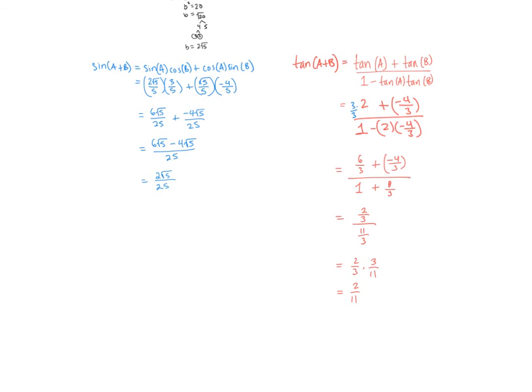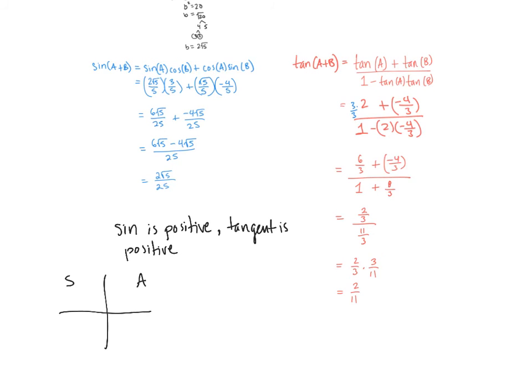So in order to find the terminal quadrant for A plus B, we can see that the sine is positive, and then we can also see that the tangent is positive. Remember, last time in class, we said all students take calculus.